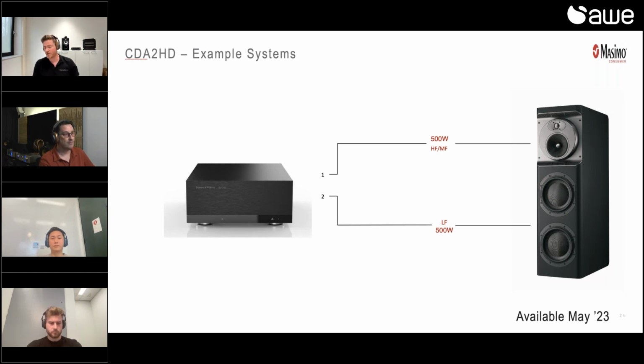Most floor standing speakers we normally have, like a normal 700 or 600 speaker, they have a built-in crossover, so you only need 1 amplifier to, let's say, drive all units that are in the speaker. Yeah, the CDA2 HD and the 4D are mainly developed for driving CI speakers, but nothing limits you to not use this for normal component speakers as well.